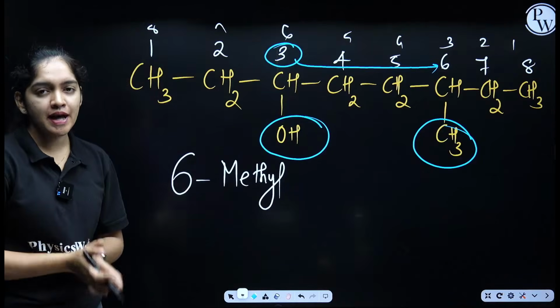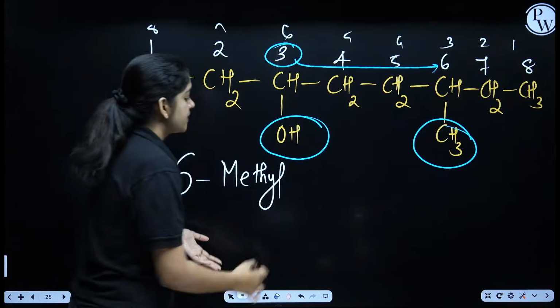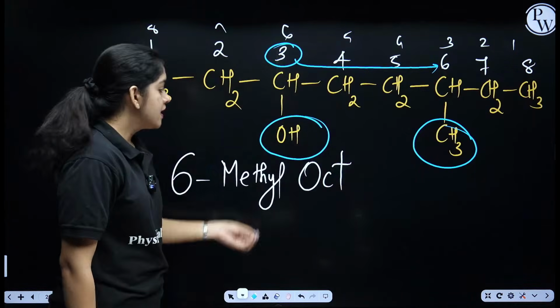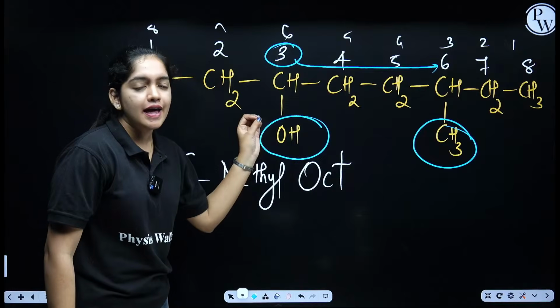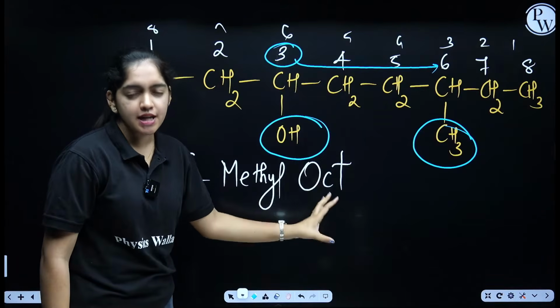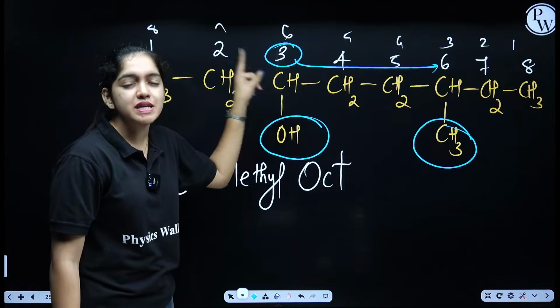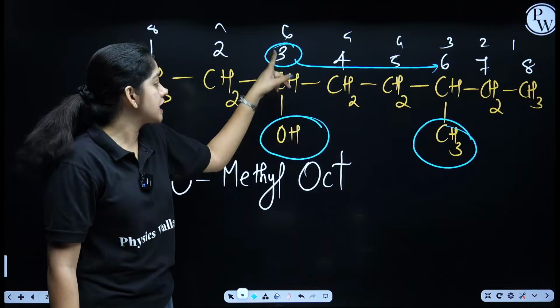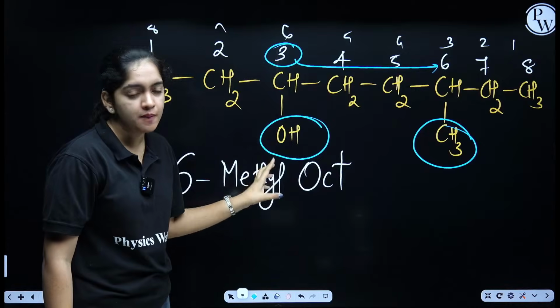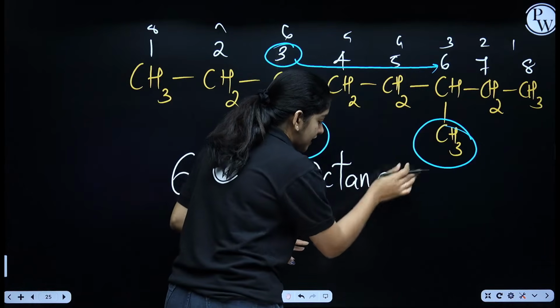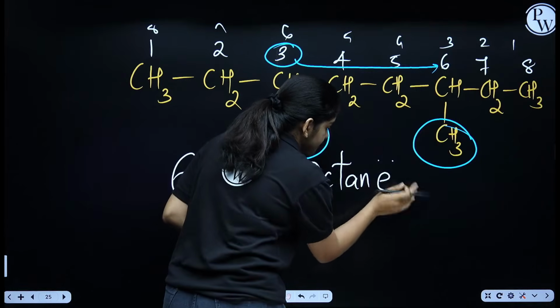Total 8 carbon atoms. 8 means what? Oct. 6-methyl-oct. Actually it is octane, but in this case, a functional group is present at the 3rd position. 3 is having an OH group, right? So, octane. No need to write E here. Strike the E.